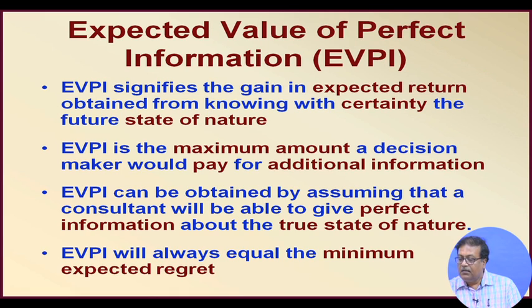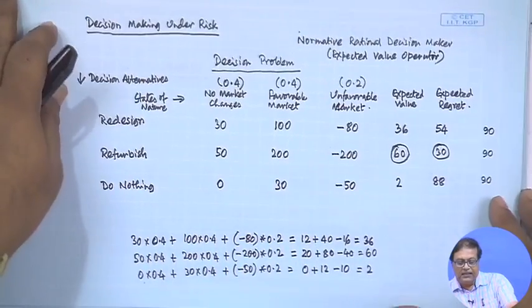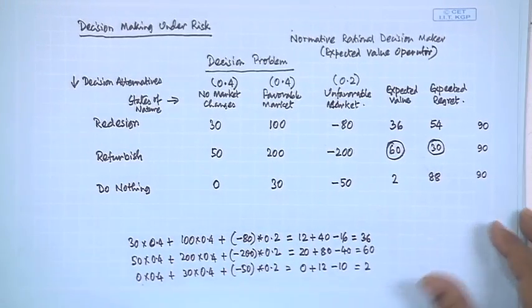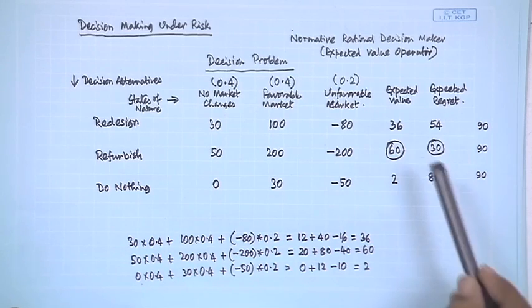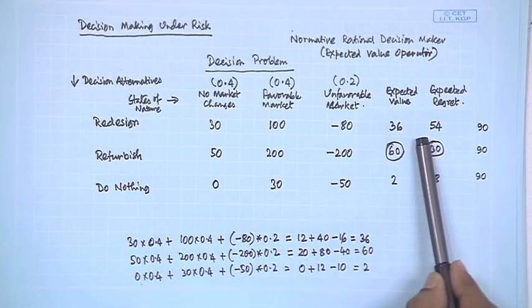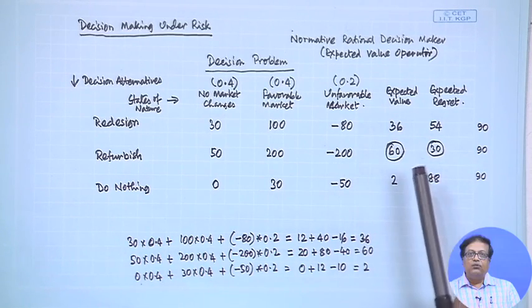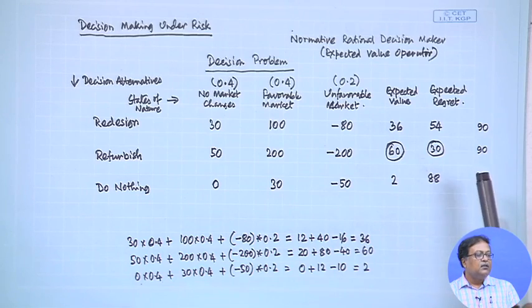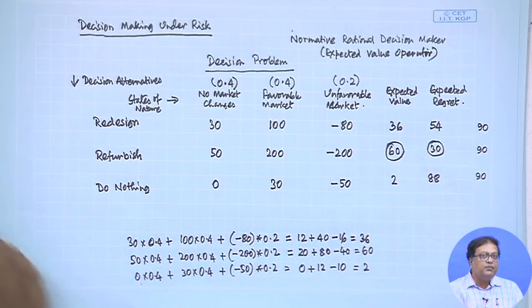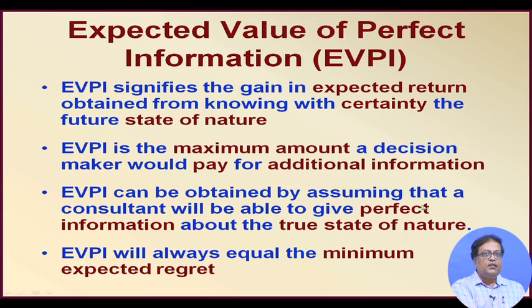We have seen in our previous discussion that under decision making under risk, we have an expected value and we also have an expected regret, and when you add the expected value and expected regret, we actually get a constant value. So, this brings us to the concept of the expected value of perfect information, right.